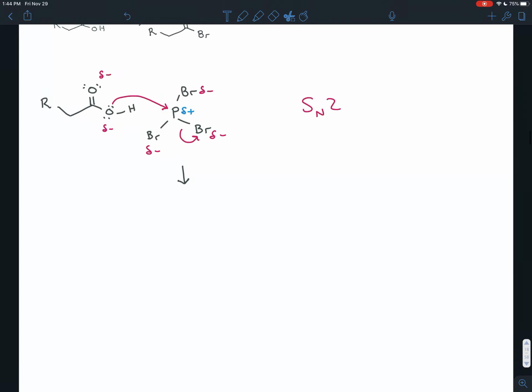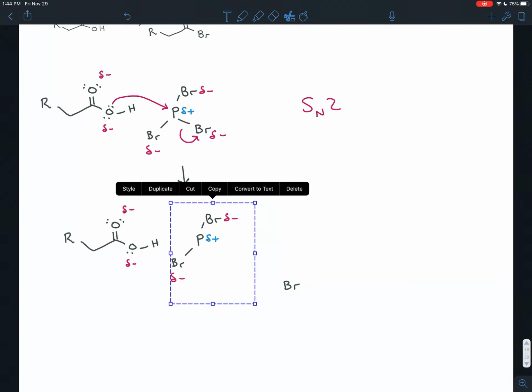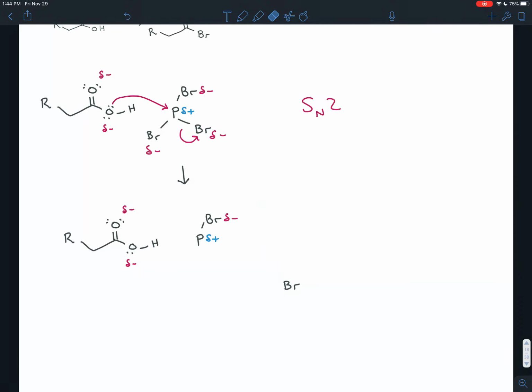What you have after that step is really the same molecule you had before, but now the phosphorus doesn't have that third bromine on there, but also this oxygen is bonded to three things.